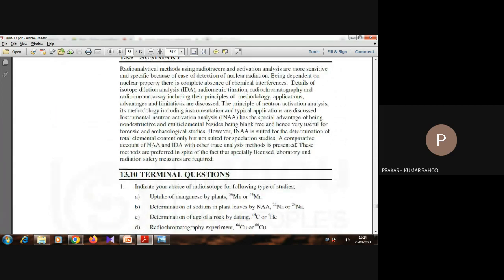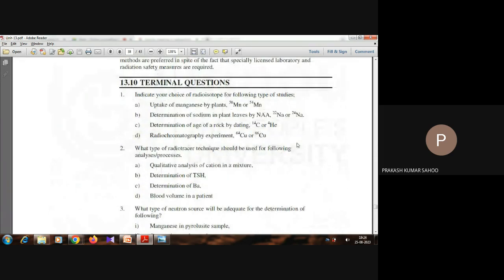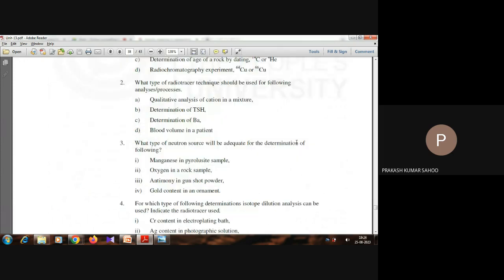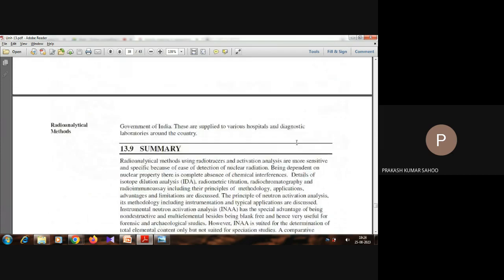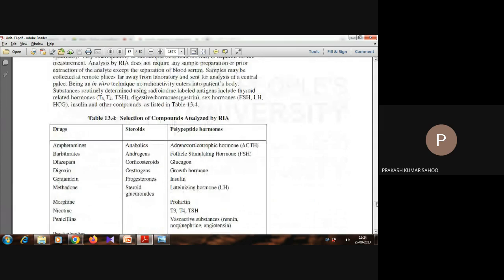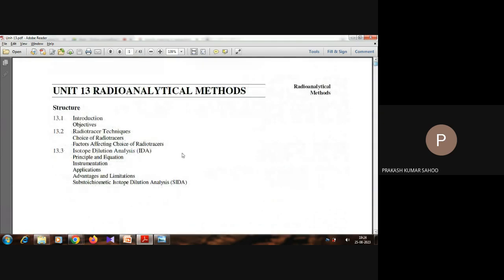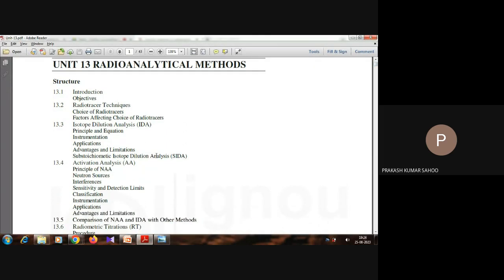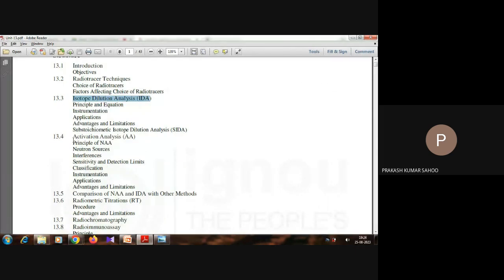Then at the end we have the summary. So this unit is very hectic for you, and there are a lot of things to be remembered. But I suggest that, from the theoretical exam point of view, you just go through IDA and NAA, nuclear activation analysis.